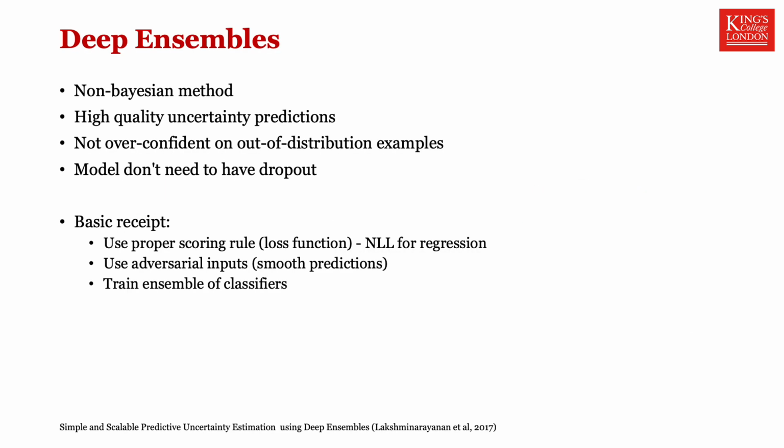The last way to estimate uncertainty that we're going to study here is using something called deep ensembles. Deep ensembles are a non-Bayesian way to estimate uncertainty. The issue with the previous approaches that we've seen so far is that they all rely on a single function or single network to make the predictions.